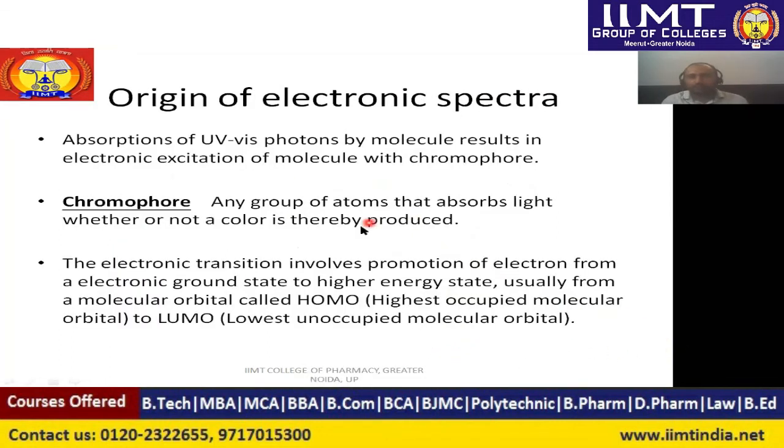Now, origin of electronic spectra. So you must be thinking about how a particular drug gives a particular type of spectrum, or whether all drug molecules will give a particular kind of spectrum, or whether there is something common in the molecule that should be present to give a spectrum.